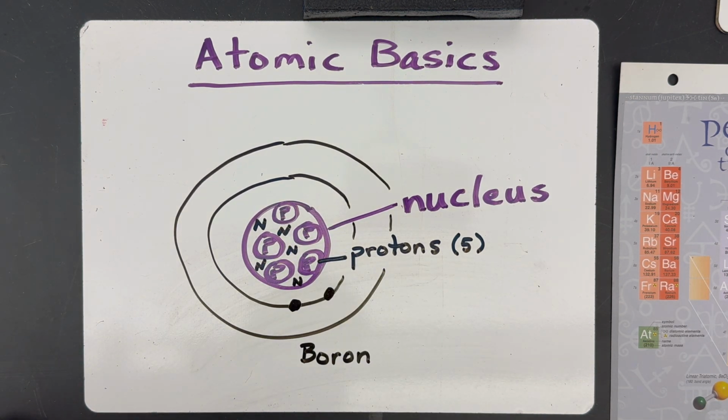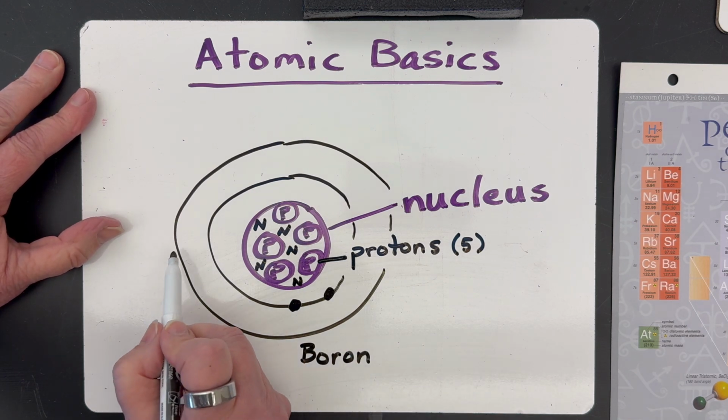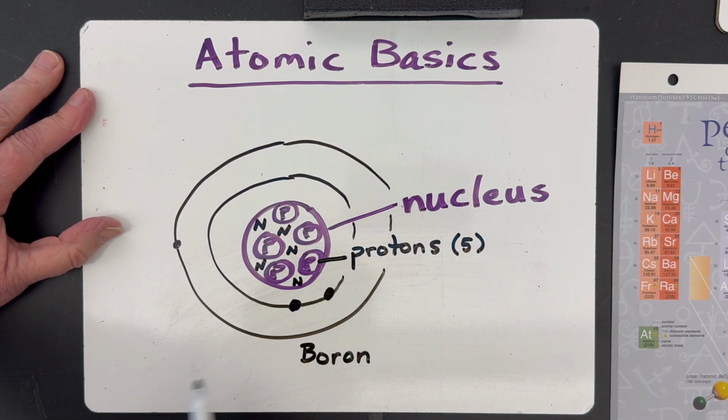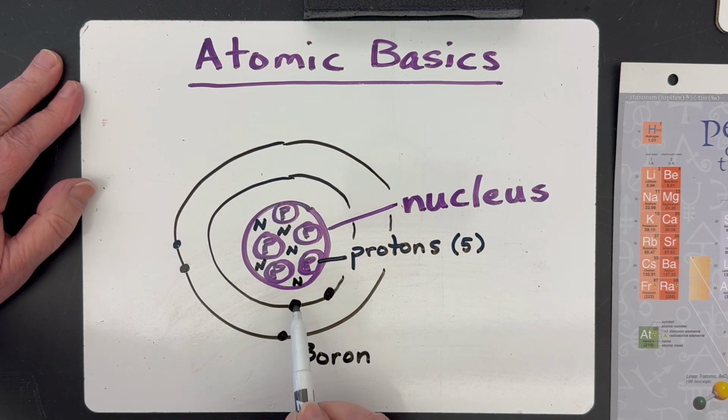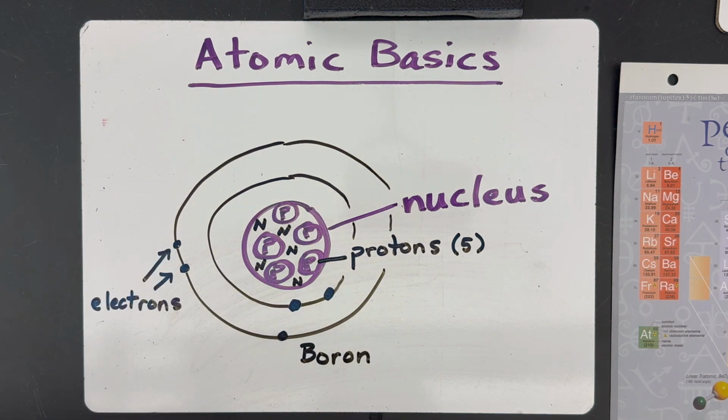The first ring in a Bohr model can hold 2 electrons. The next ring can hold up to 8. So our first 2 are here, and then we need 3 more. So that's a total of 5 electrons. So it's neutral. Our number of protons and our number of electrons are equal.